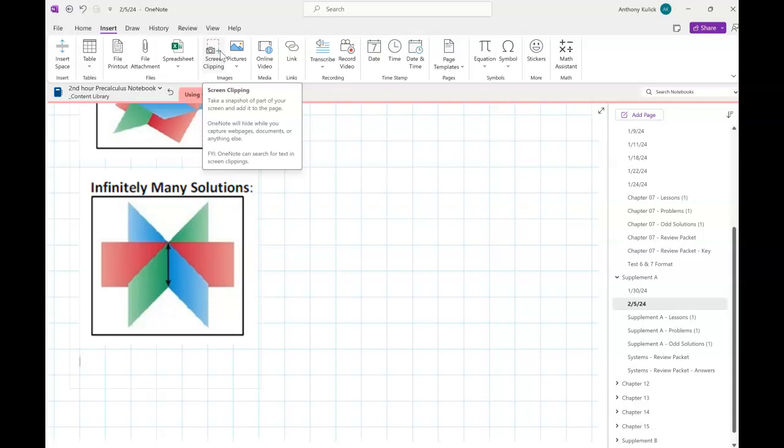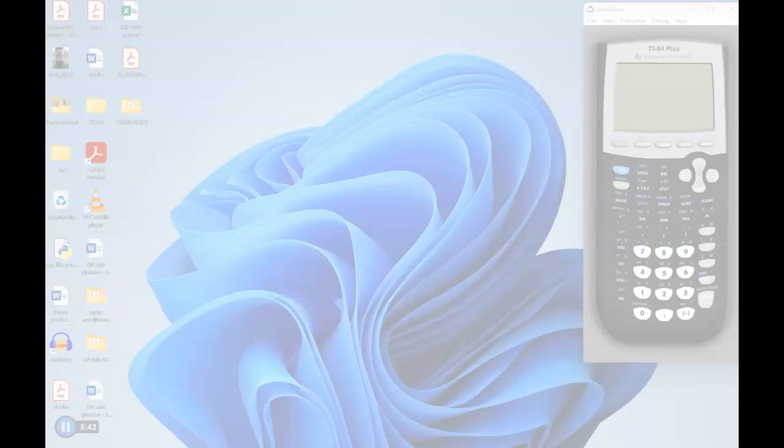Still no place all 3 of them are going to intersect. And then there's one other situation. What if they make like a triangle, right? Like these 2 planes intersect, these 2 planes could intersect, these 2 planes could intersect, but no place do all 3 of them intersect, right?